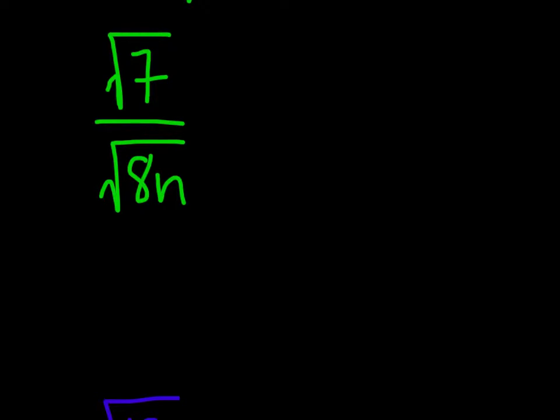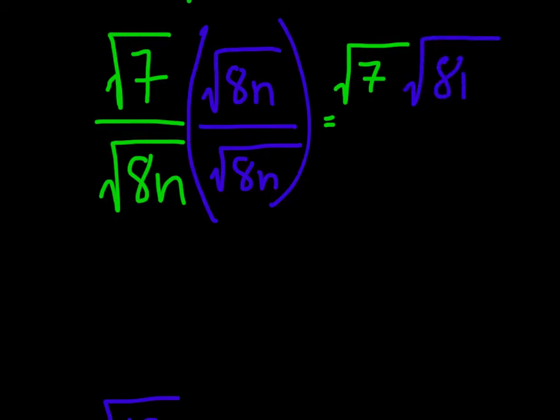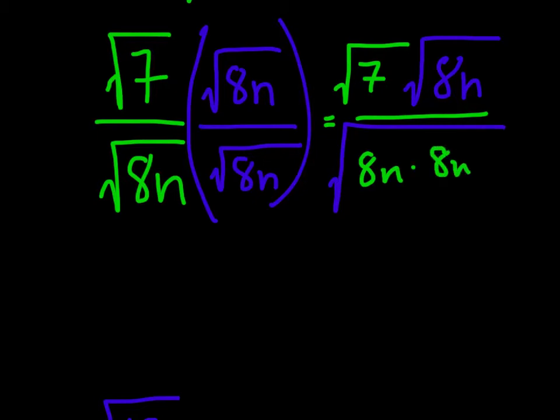So my 1 that I'm going to multiply by on the top and the bottom is the square root of 8n over the square root of 8n. So essentially what we'll have is the square root of 7 times the square root of 8n divided by the square root of 8n times 8n.